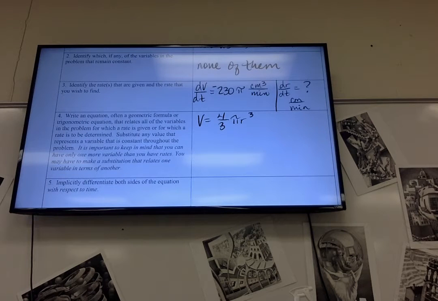Now, I will say this: on a test, you do not have to have these memorized. The only ones you really have to know are regular ones like the Pythagorean theorem.